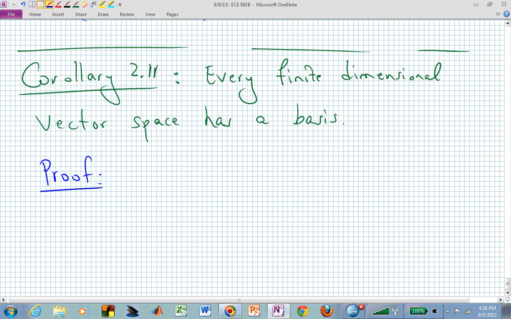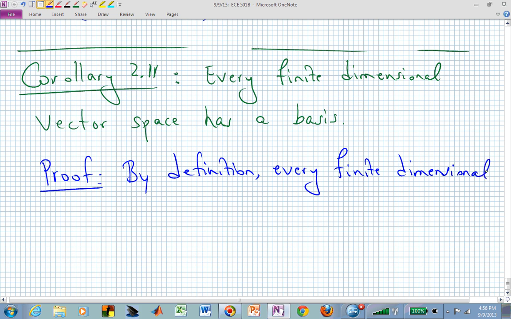As a proof, by definition, every finite dimensional vector space can be spanned. It has a spanning list.